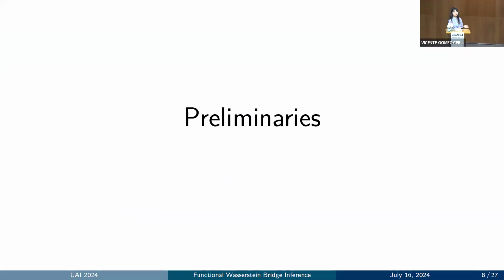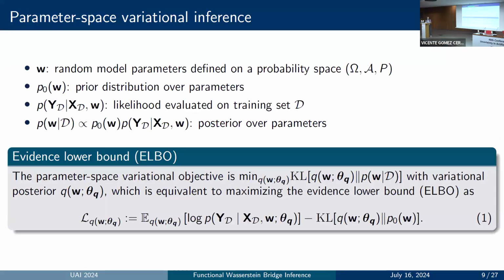In this part, I will briefly review parameter space and function space variational inference before introducing our proposed new method. We know that BDL models are usually trained with Bayesian inference by placing prior distributions on the random model parameters, such that P0(W) denotes the prior distribution for the random network weights in the BNN.